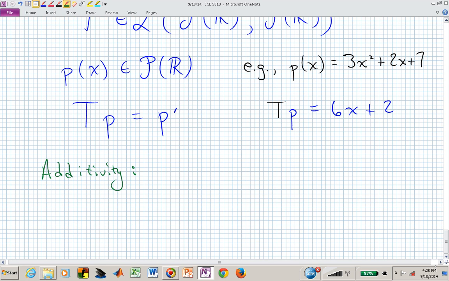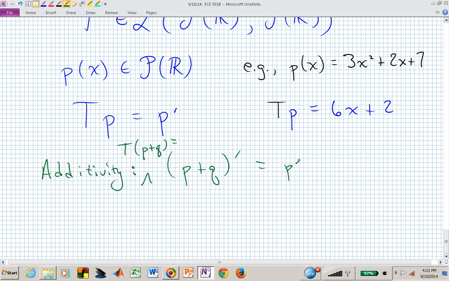If we wanted to check whether it satisfied those properties, we could say, oh, if I give you a sum of two polynomials taken from script P of R, and those are just generic P and Q, and now if I differentiate those, which is what it would be if I said T of P plus Q, this is now T of P plus Q is equal to P plus Q derivative.